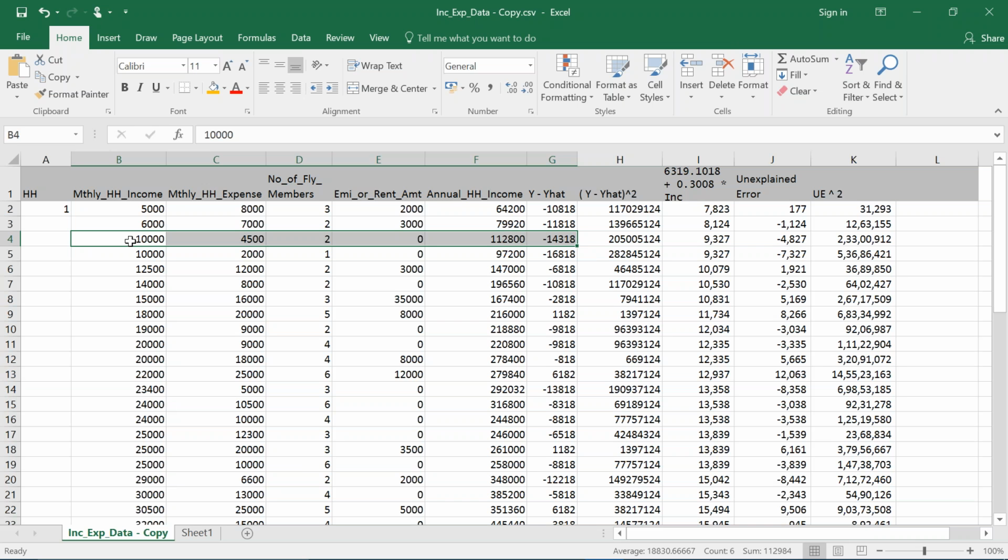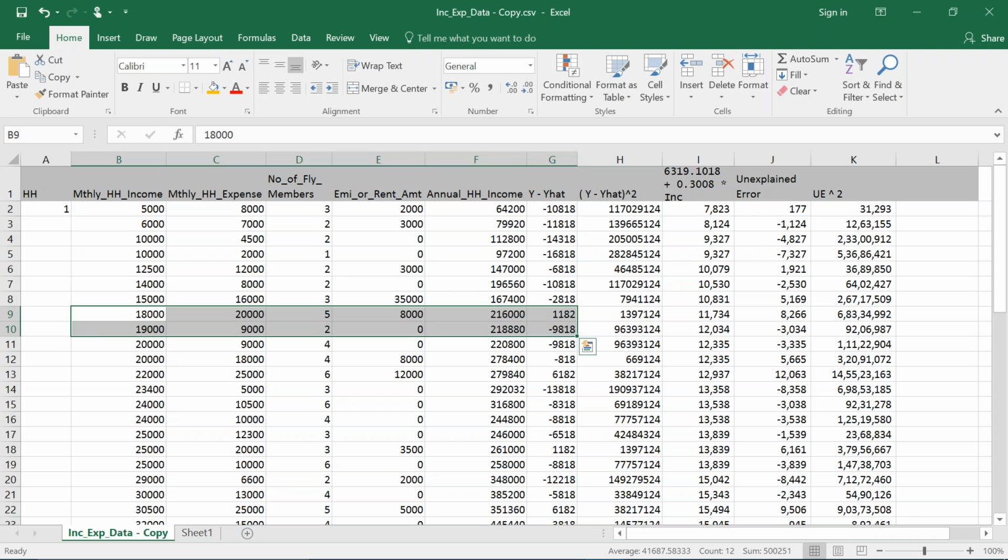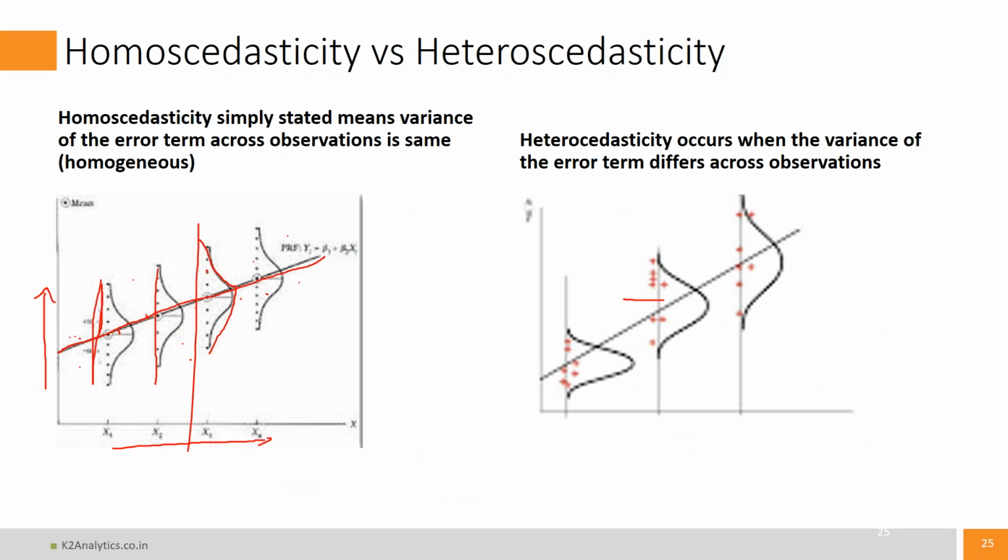Can I compute variance only for X equal to 10,000? Similarly, can I compute variance for X equal to 18,000? So that's what I am saying, that if I cut at any given point and then compute the variance for the error term, it should be the same. In that case, it is called homoscedasticity.